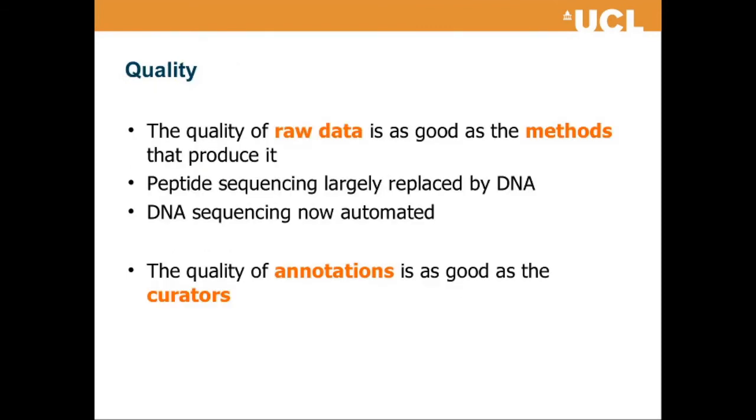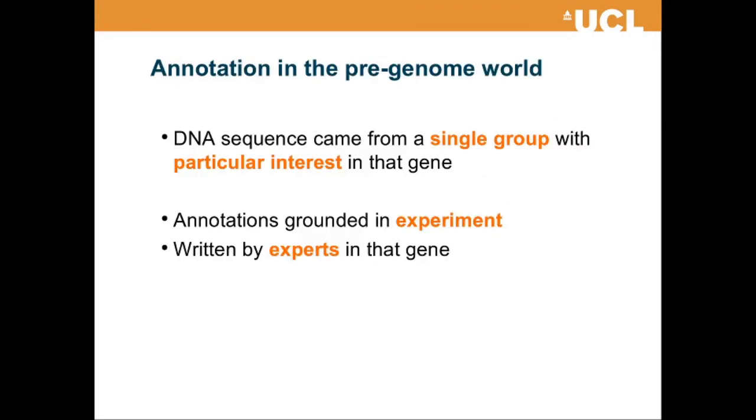Now, in terms of quality, the quality of raw data is as good as the methods that produce it, and these days things like peptide sequencing have largely been replaced by DNA sequencing, and DNA sequencing is now completely automated and rapid and of very high quality. But the quality of annotations is only as good as the people who curate those annotations.